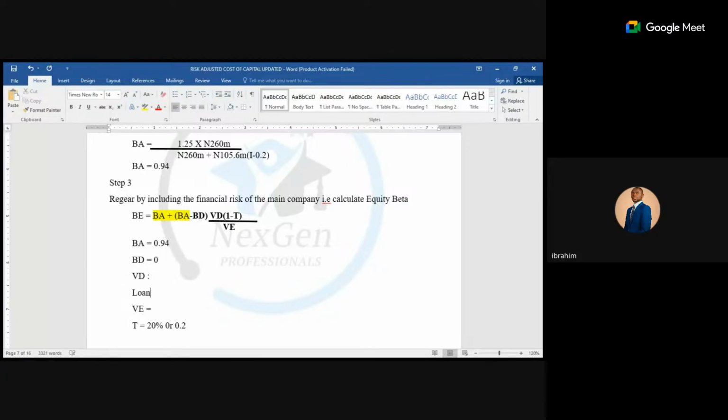So value of debt, loan notes. Please mute your mic. Loan notes equals loan notes 250, right? 250 million. What is the nominal value? 100 naira times, what is the quoted price? 65. 65 what?